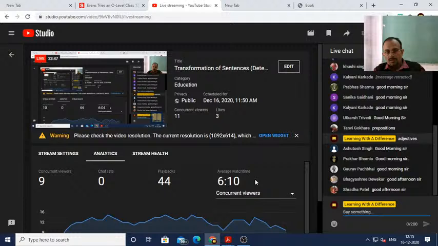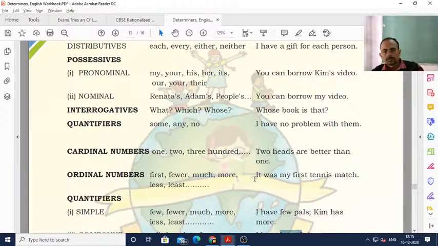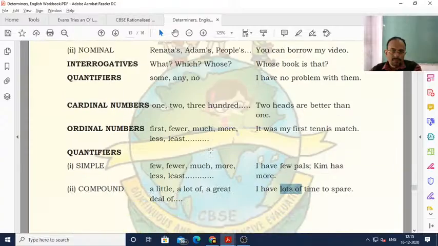I will respond immediately. Otherwise, I shall go with some exercises on determiners. You can write your query if you have any. I'll come back to it after 5 minutes and check your queries.